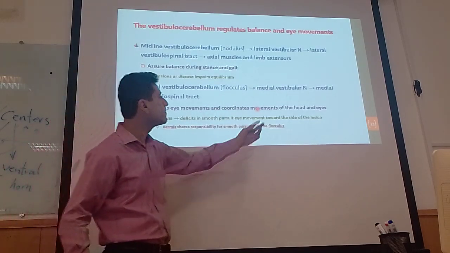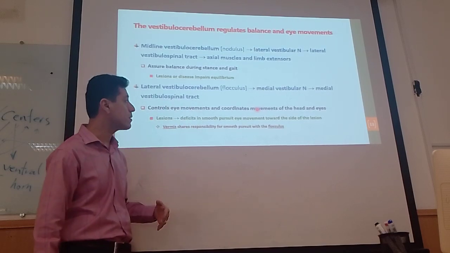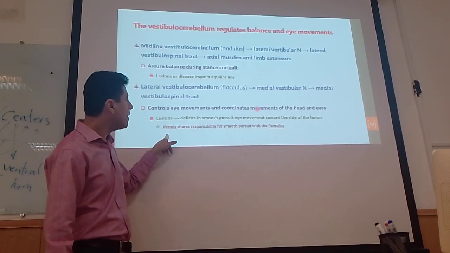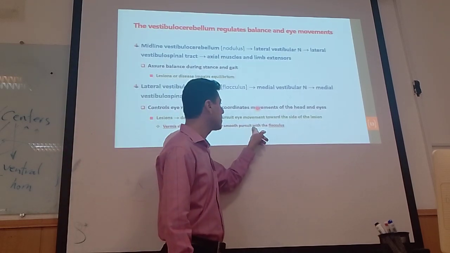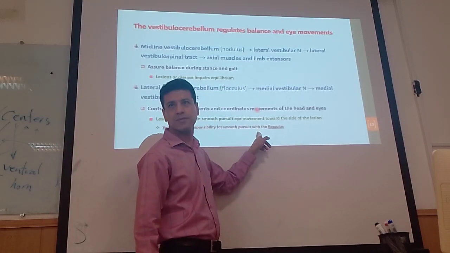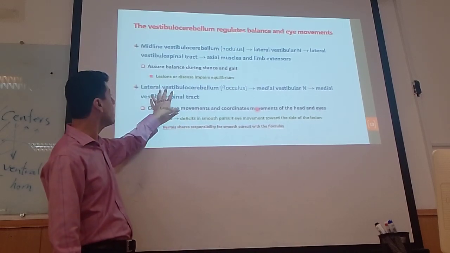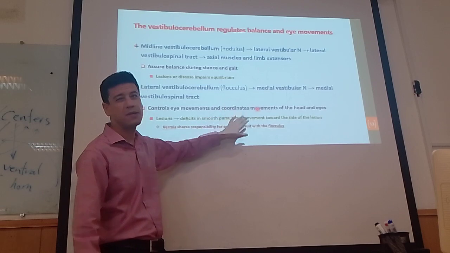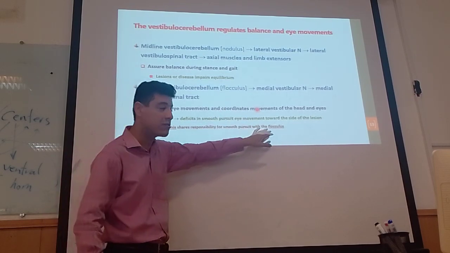Which tract? Medial vestibular. Medial vestibular cerebellum. So vermis also is important for smooth pursuit eye movement. Okay, so vermis is also involved. So the main area is this one, flocculus, but vermis, especially the inferior part, okay, is also involved in this one.